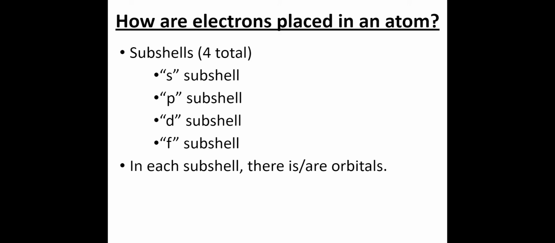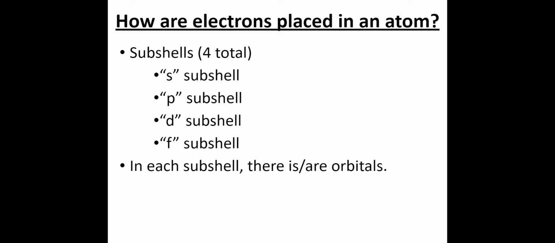And the reason it says orbital singular or plural is because the first subshell, the S subshell, only has one orbital. All the rest have more than one. The reason these four are not listed in alphabetical order is because they are listed in the order of increasing number of orbitals.